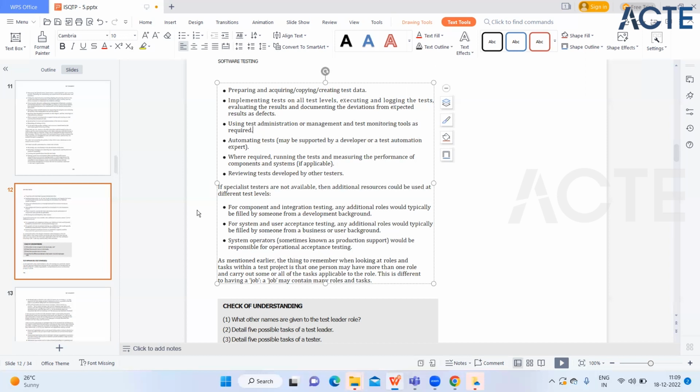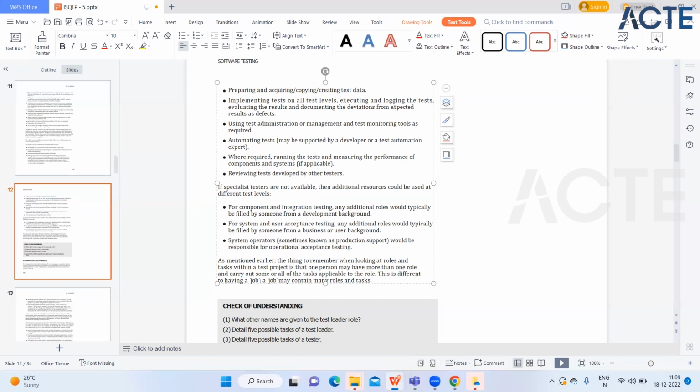For component and integration testing, any additional roles would typically be filled by someone from a development background. For unit testing or integration testing, if testers do not have the knowledge to check the modules properly, then definitely it's the responsibility of some other tester who has more technical or development background.